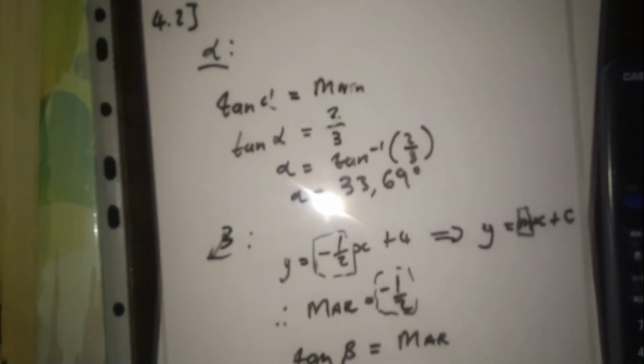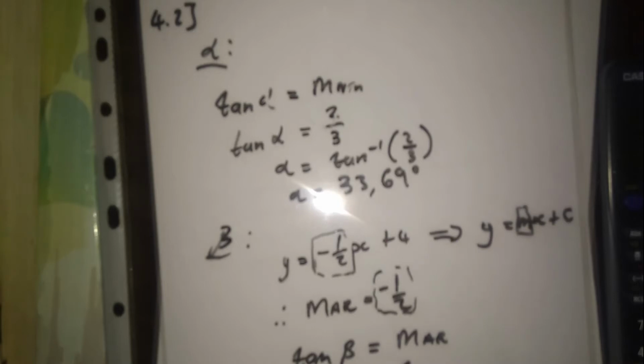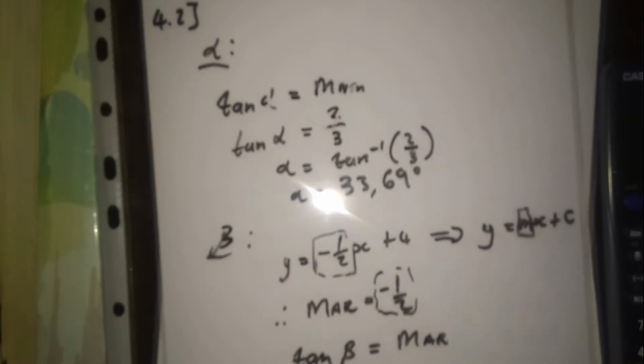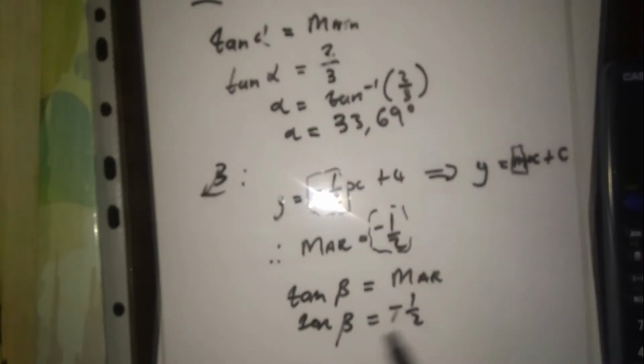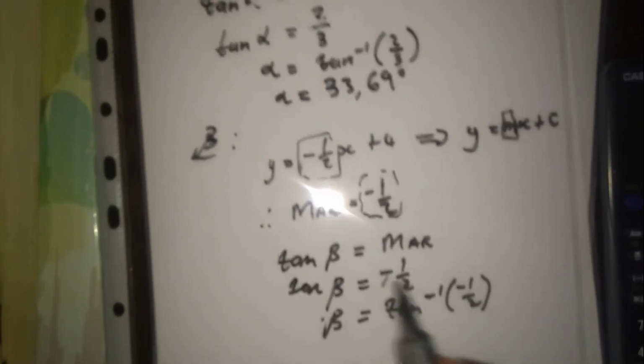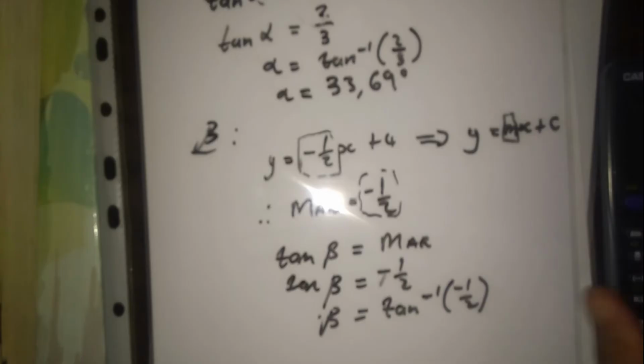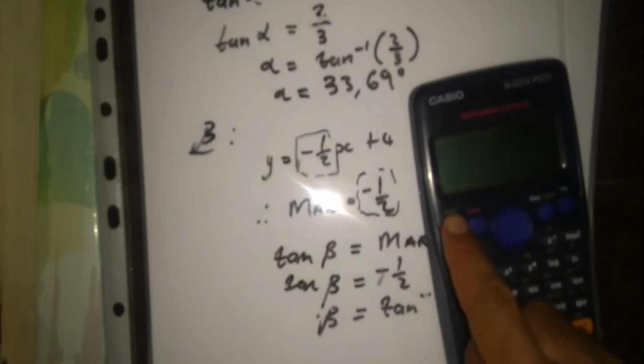So bheka ke, tan beta is equal to minus 1/2, and then beta is gonna be equal to tan inverse of minus 1/2. You keep the negative sign in your calculation.